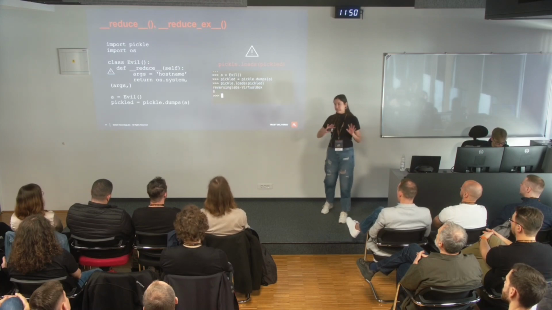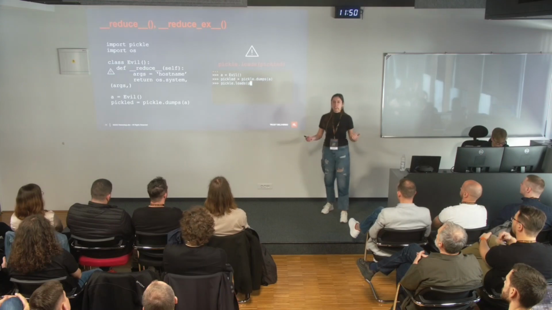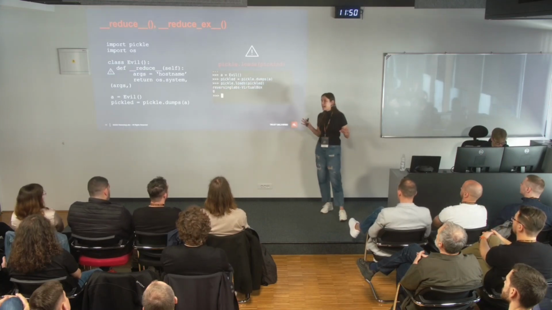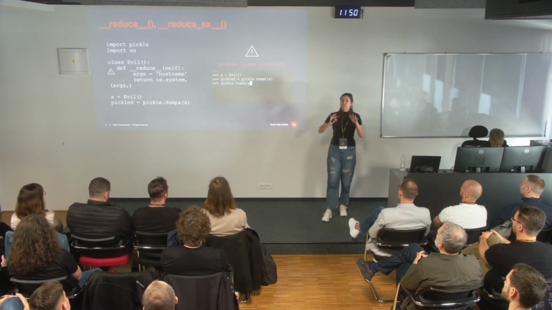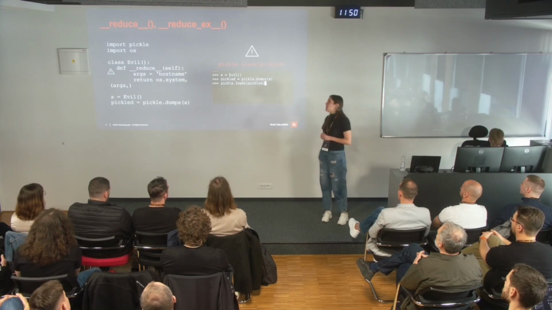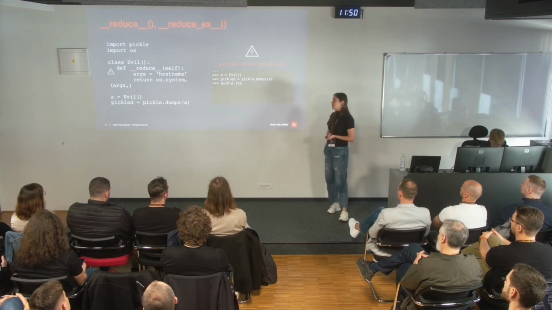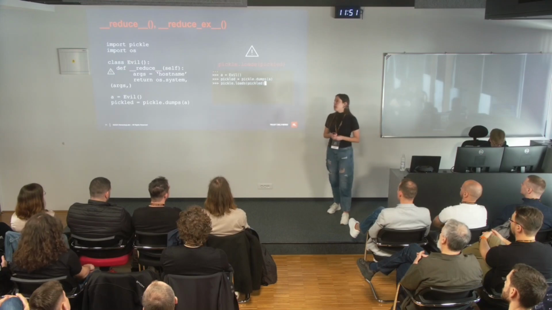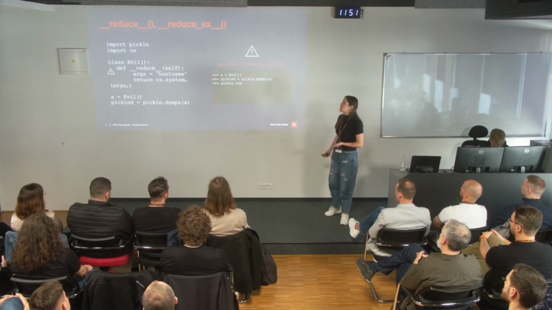I have made a very, very simple example just to showcase how easy Pickle is to abuse. I made an evil class and told Pickle how I want objects of that class to be serialized and deserialized. I pickled and unpickled it on Linux, and I got the hostname of that computer very easily.